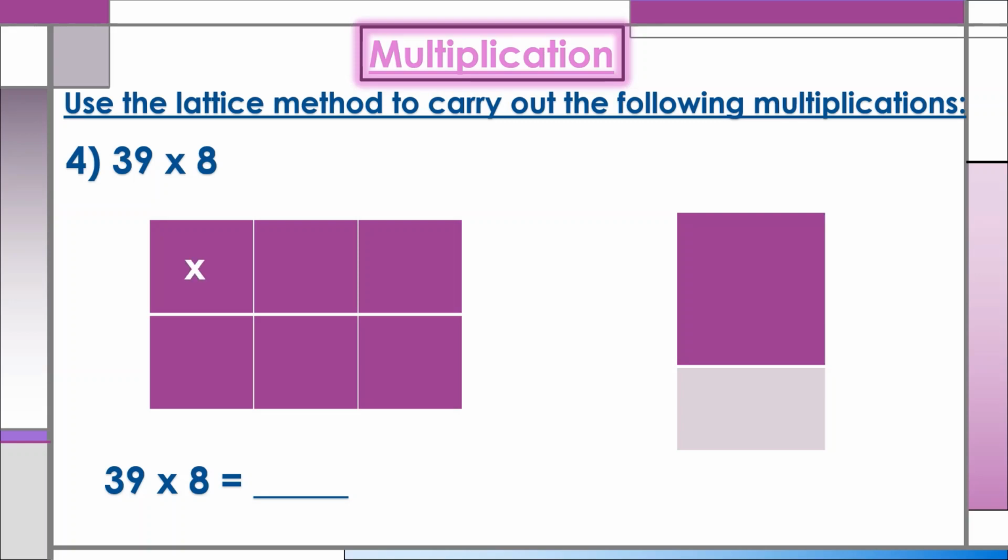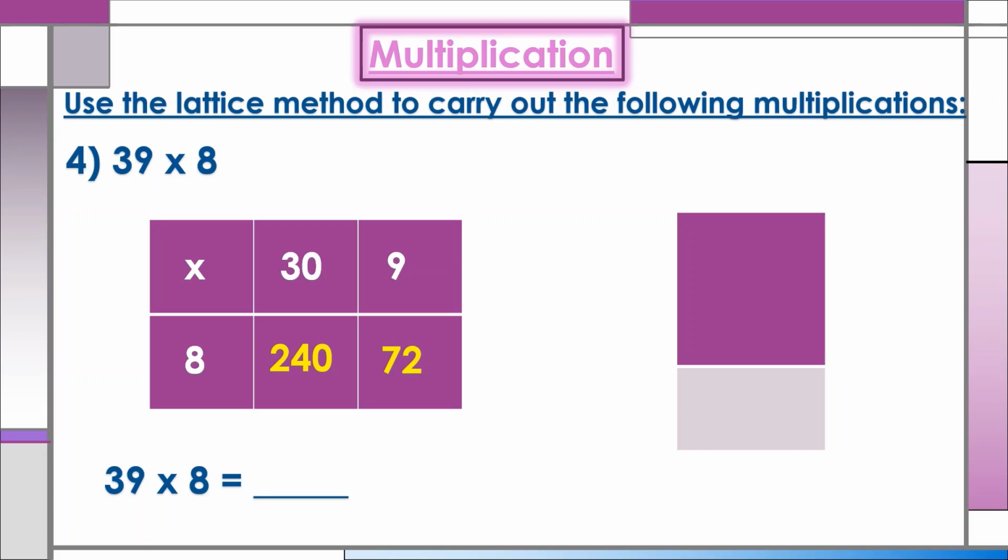39 multiplied by 8, write multiplication sign. Split 39, 30 and 9, write the 8 table here. Now 3 8s are 240, 9 8s are 72.